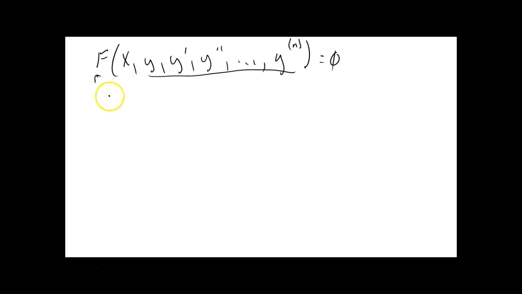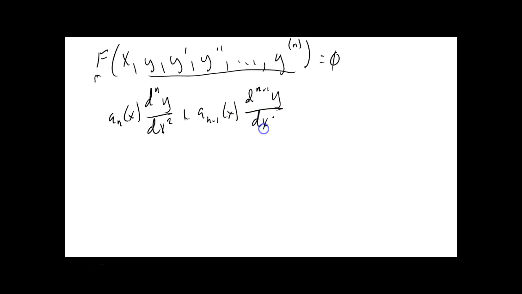And this, I think I wrote it before this way: a_n(x) d^n y/dx^n + a_{n-1}(x) d^{n-1}y/dx^{n-1} + ..., go all the way down to a_1(x) dy/dx plus a_0(x) y equal g of x.